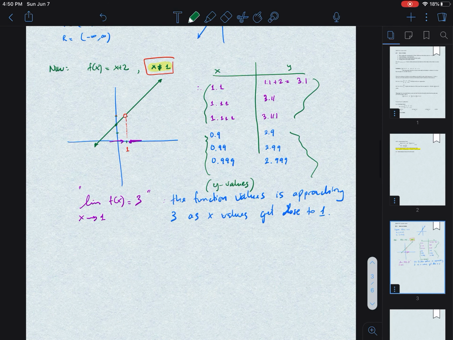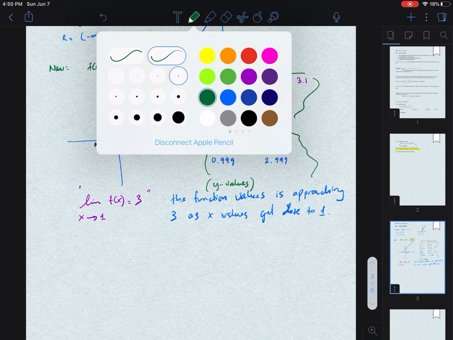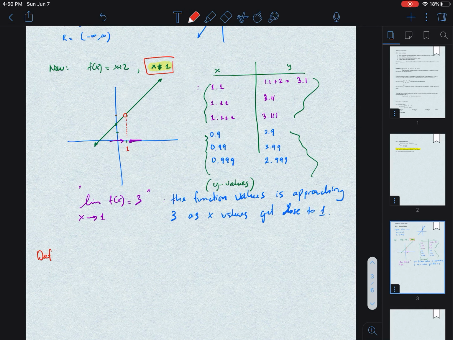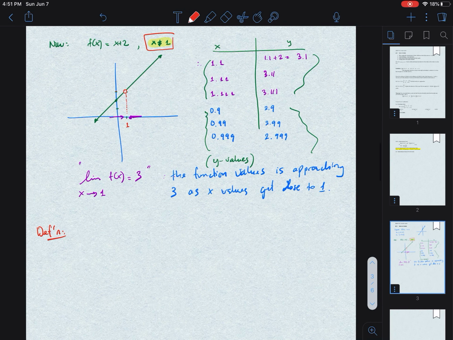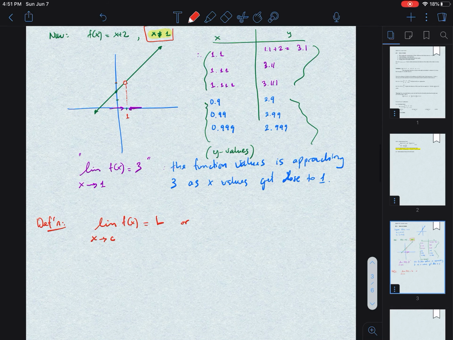Formally, the definition: the limit of f of x as x approaches some number c is equal to L, or as x approaches c, f of x approaches L. L is just some finite number.